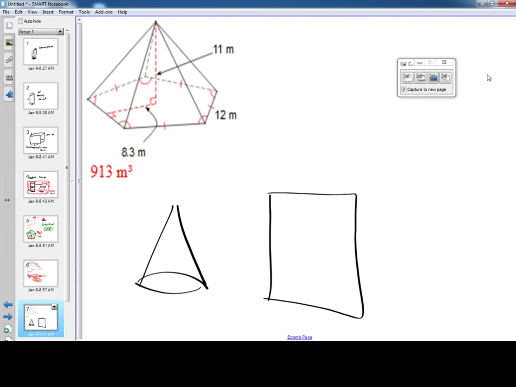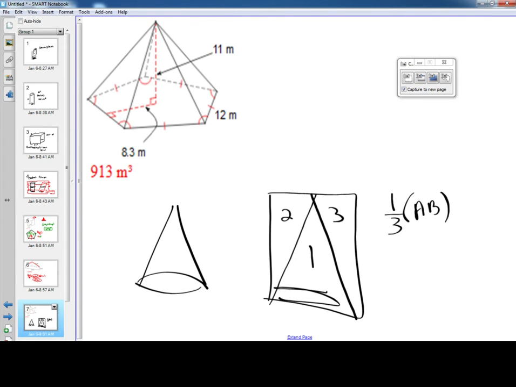If I looked at the shape of that, it'd be like a triangle, wouldn't it? And this is what I'm looking for, which is one of how many pieces? 3. So that's going to be 1/3 of the cylinder, which was area of the base times the height. You guys remember that? Guess what? Same thing for all pyramid-looking things. It's just 1/3 of it.